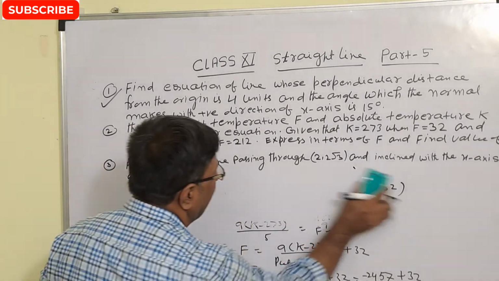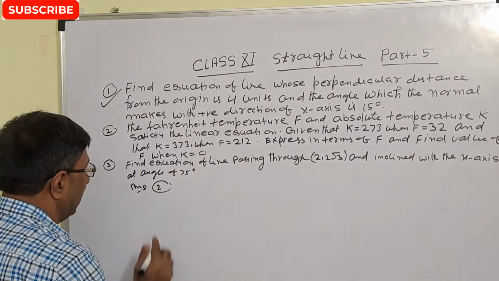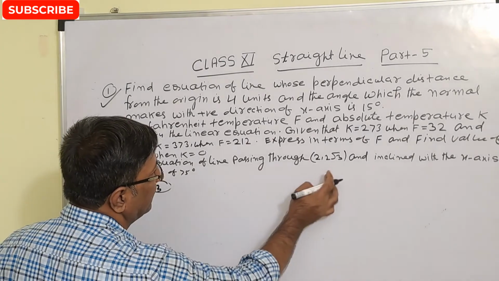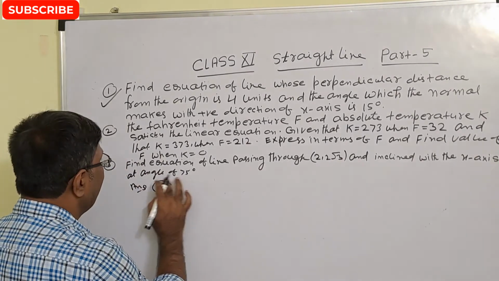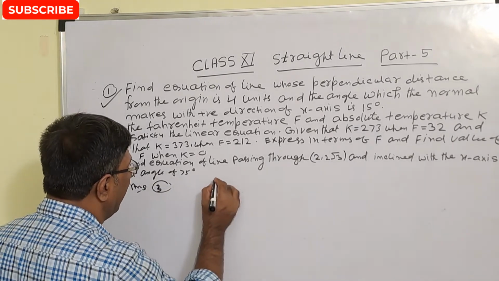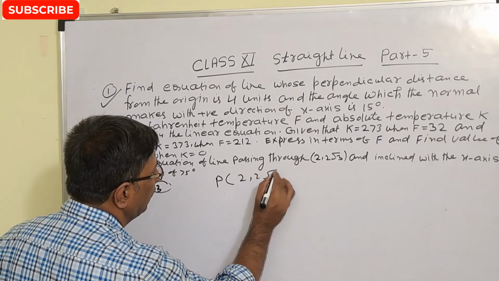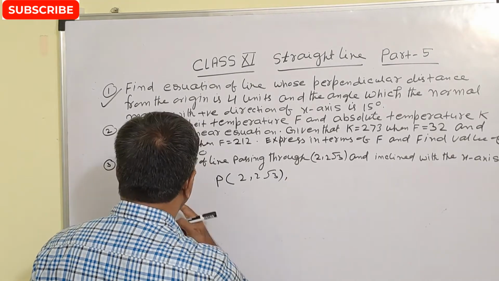Now see the last question, that is the third question. Find the equation of the line passing through this point and inclined with the x-axis at an angle of 75 degrees. So again the point is given, that is 2 and 2 root 3, and theta is given as 75.